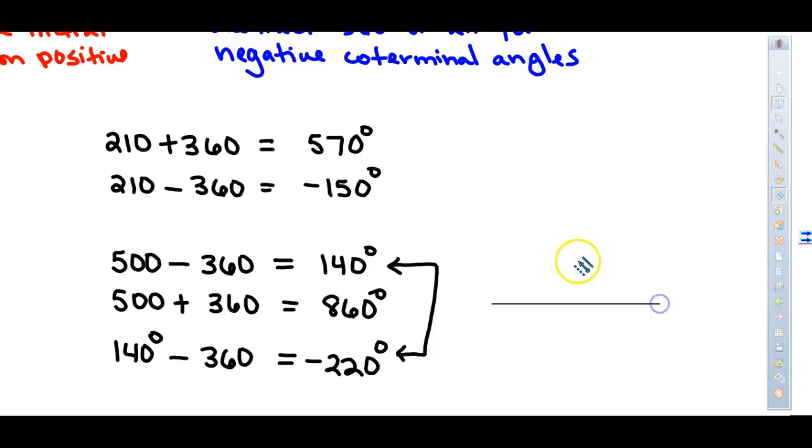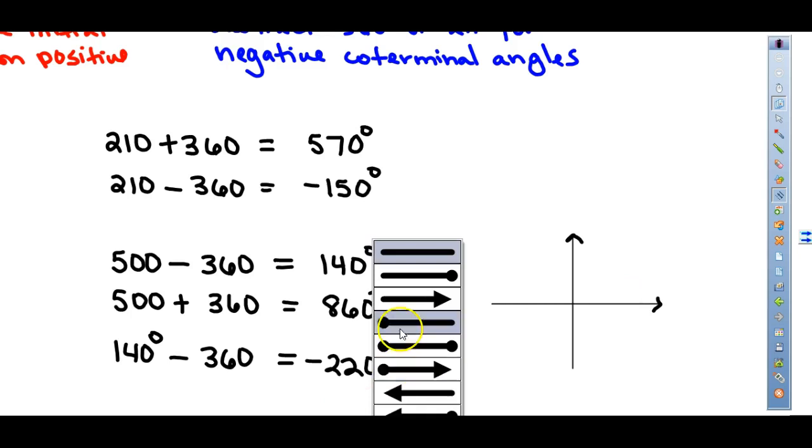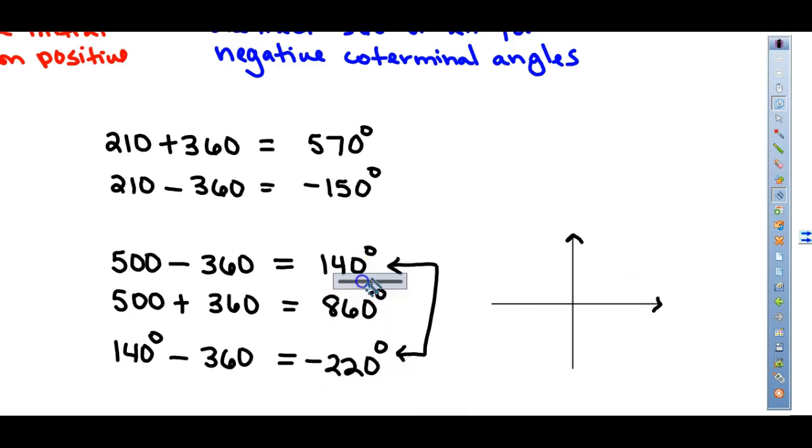Okay, so here is my X and Y axis. Okay, and I am going to sketch these angles. I'm going to sketch that 500-degree angle first. Okay, I'm going to start right here in standard position. So I'm going to start on that positive x-axis right there.